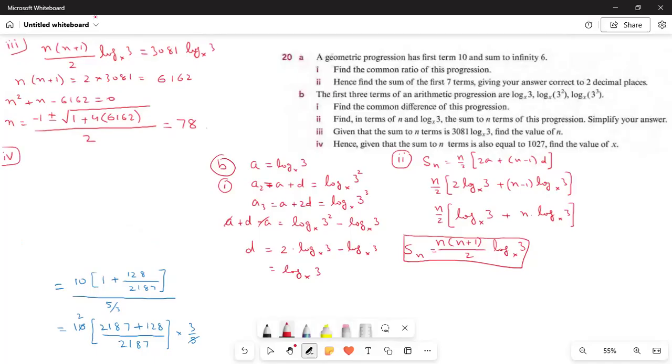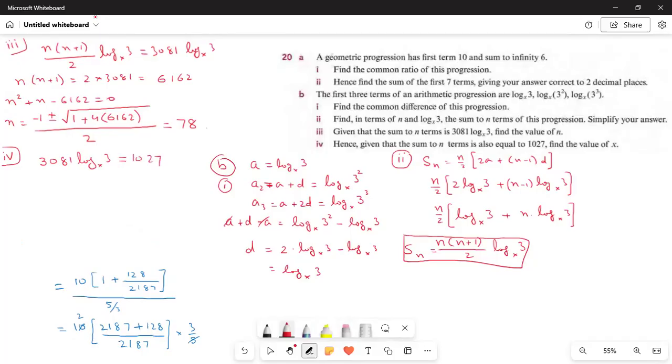So, fourth part. Hence, given that the sum to n terms is also equal to 1027, find the value of x. It means now we are given that the sum of n terms, which we know is 3081 log x³, is equal to 1027.